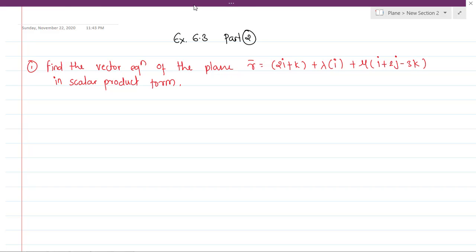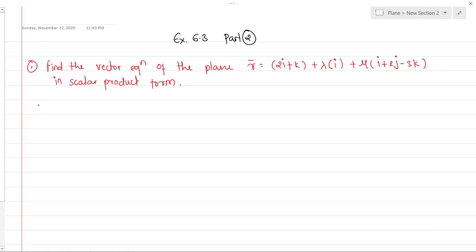So what steps we followed in the last video: step number 1, write down whatever the given information is. Here the given information is r bar is equal to 2i plus k plus lambda into i plus mu into i plus 2j minus 3k. This type of question we have already seen in the last video.